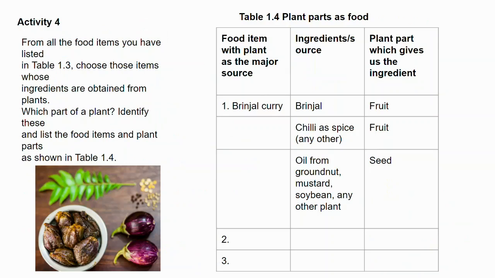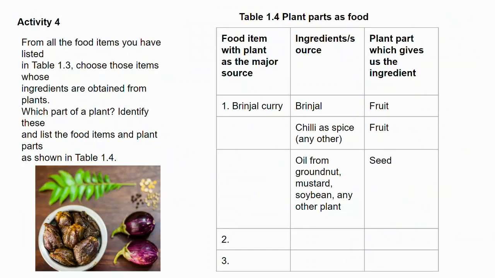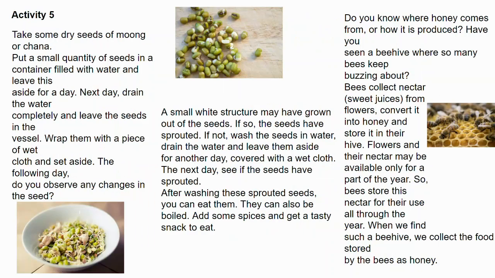Of the food items you have listed in Table 1.3, choose those items whose ingredients are obtained from plants. Which part of a plant? Identify these and list the food items and plant parts as shown in Table 1.4. Table 1.4 Plant parts as food.